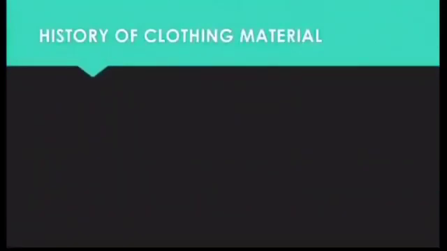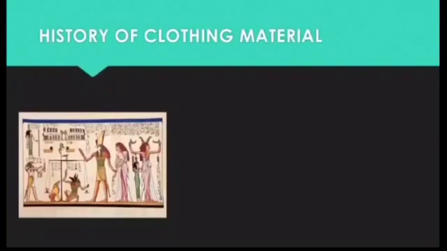Dear students, let us go to the next topic, history of clothing material. Have you ever wondered what material people used in ancient times for clothes? It appears that in those times people used bark and big leaves from trees, or animal skin and fur, to cover themselves.